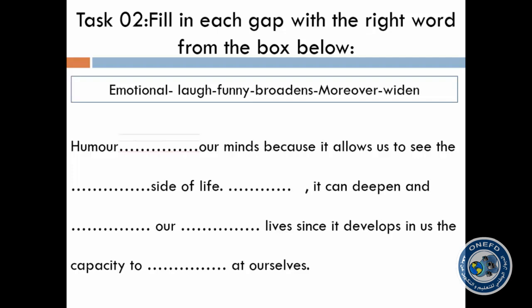So the appropriate verb is broadens. Broaden here is a verb, and how did we make the verb broaden? By adding the suffix en to the noun or adjective broad, in order to make its verb. So I repeat, we made the verb broaden by adding suffix en to the adjective broad.